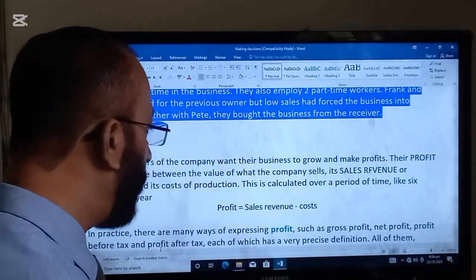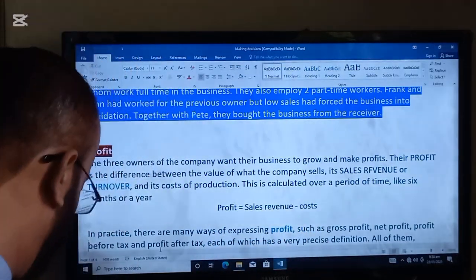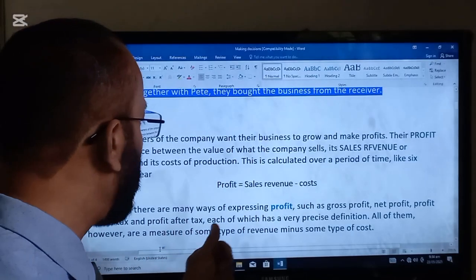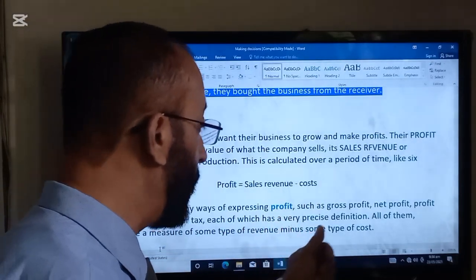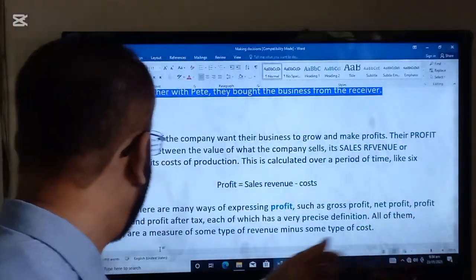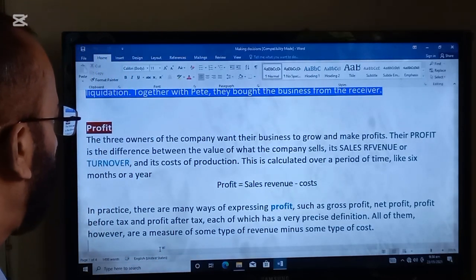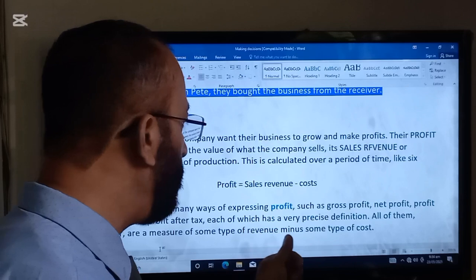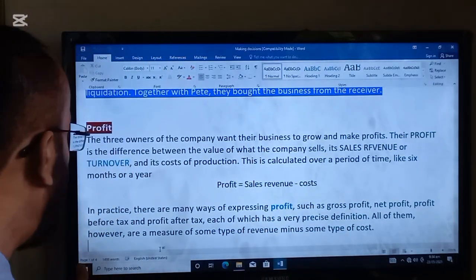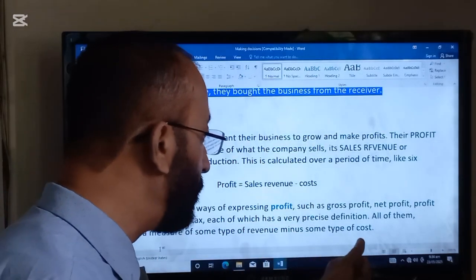And the formula to find the profit is sales revenue minus cost. In practice, there are many ways of expressing profits, such as gross profit, net profit, profit before tax, and profit after tax, each of which has a very precise definition. All of them, however, are a measure of some type of revenue minus some type of cost.